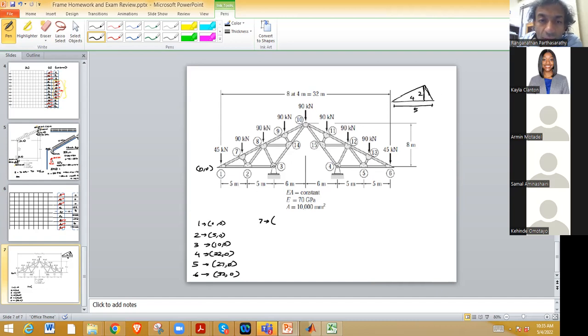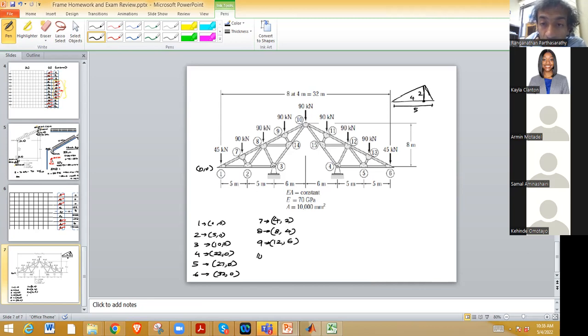So for 7, number 7 is going to be 4, 2. Number 8 is going to be, so 8, and the height is 4. Number 9 is going to be 12, and the height is 6.